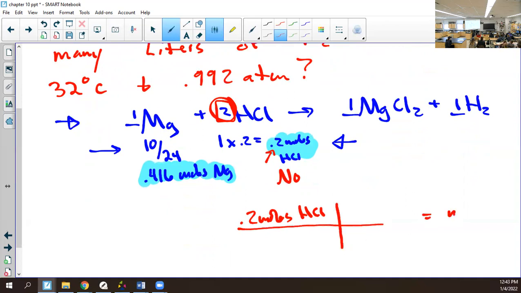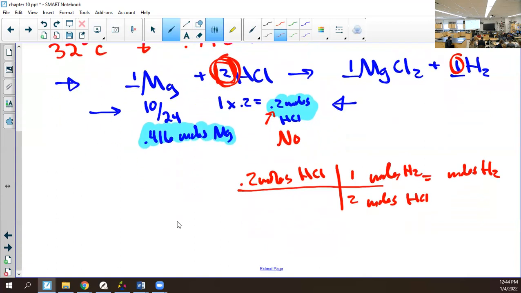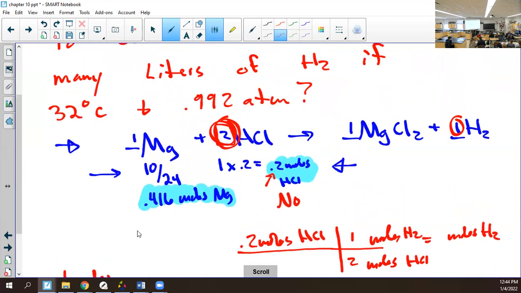I want to know moles of H2, correct? So I need moles HCl, and that's this number. So it's really, I have 0.1 moles of gas, and then I just plug it in.